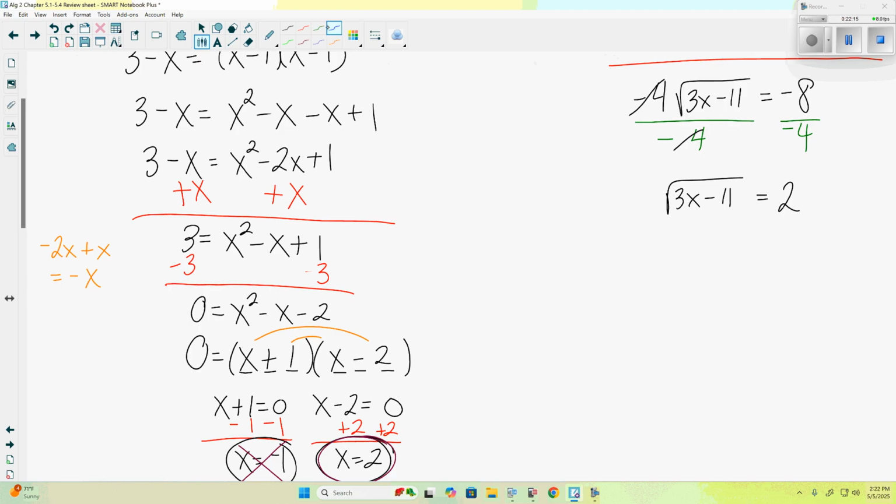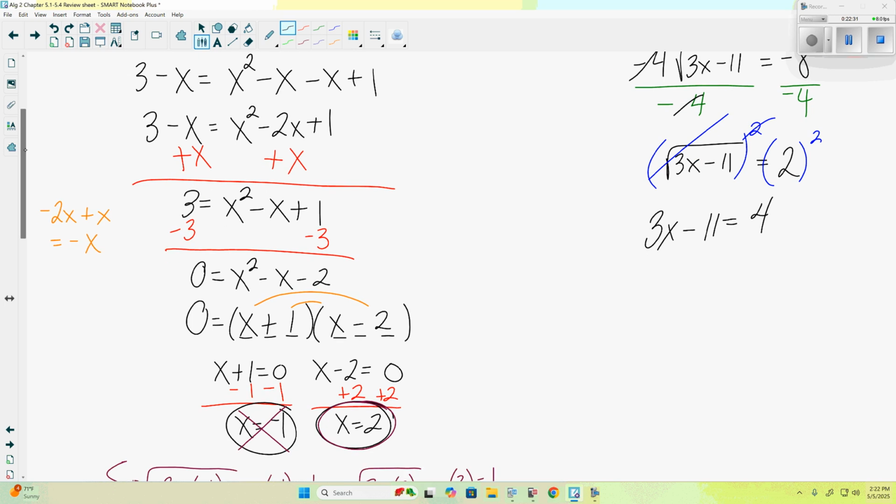Now at this point we can keep going. We can square both sides. The square root and square would cancel, telling us that 3x minus 11 is equal to 4. To solve for x, the next thing we can do is add 11 to both sides. 3x equals 15.